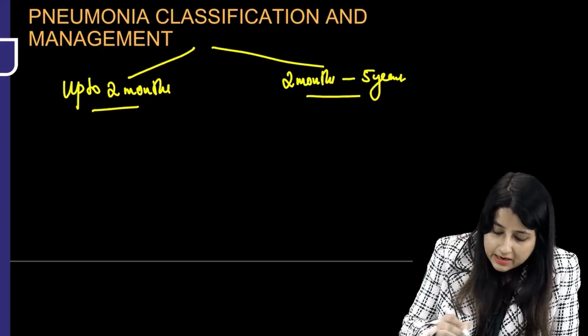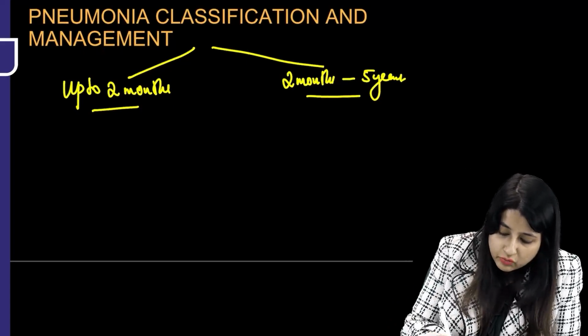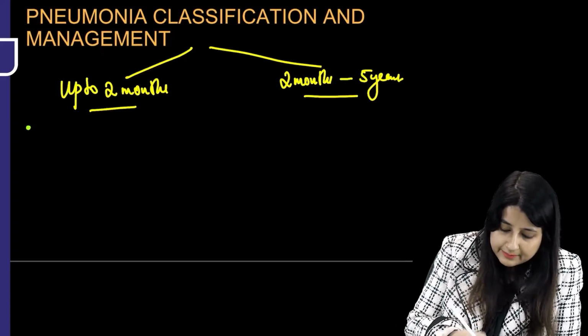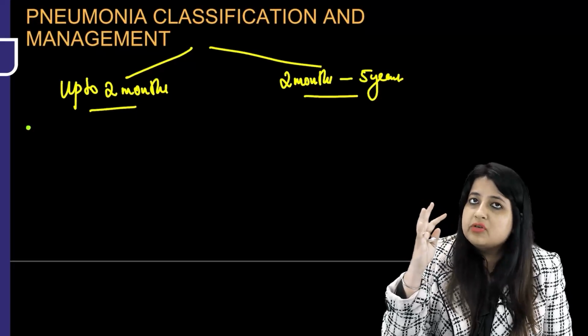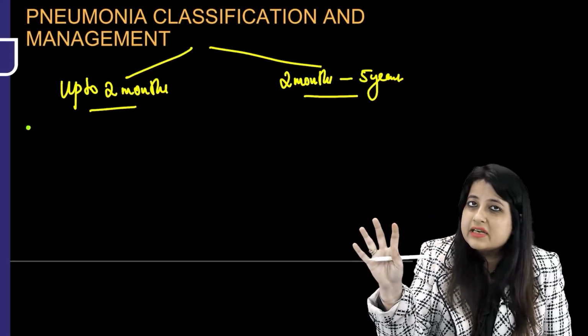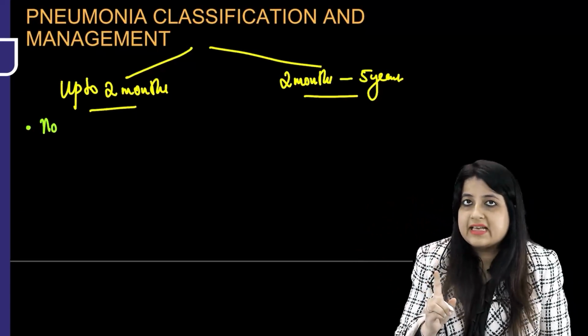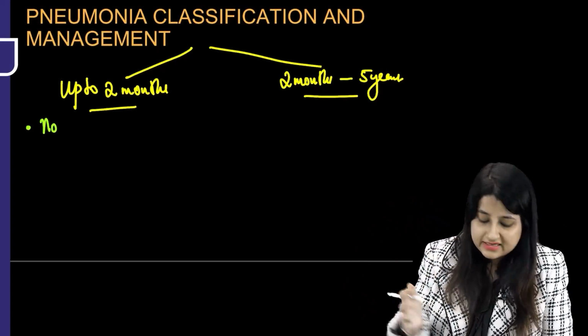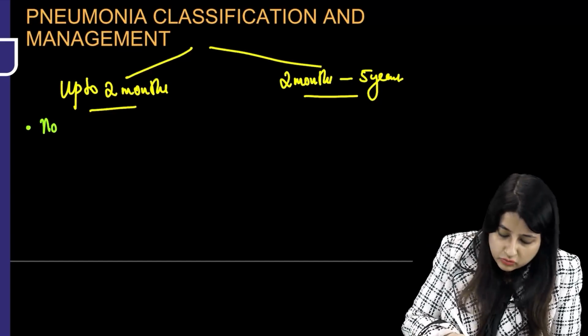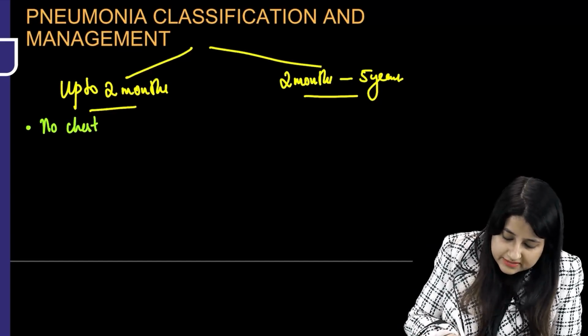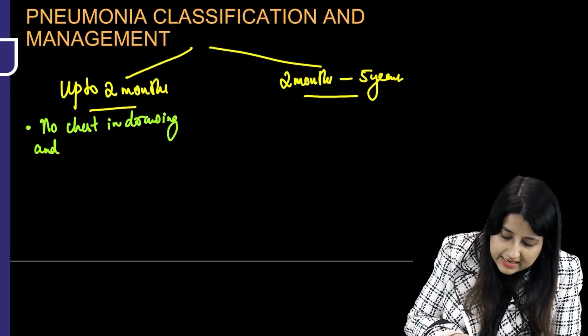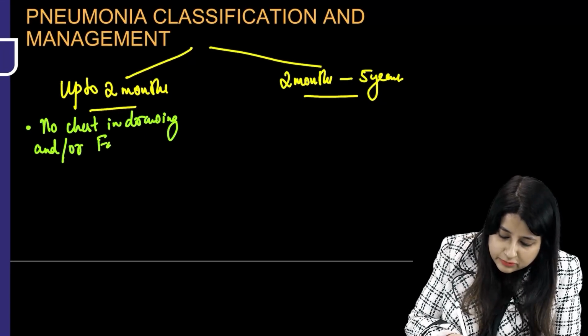This is the first thing you have to pay attention to. Then you look for the symptoms and assess the signs. You have to look for two things: chest indrawing and fast breathing. In both situations, you will look for chest indrawing, no chest indrawing, and or fast breathing.